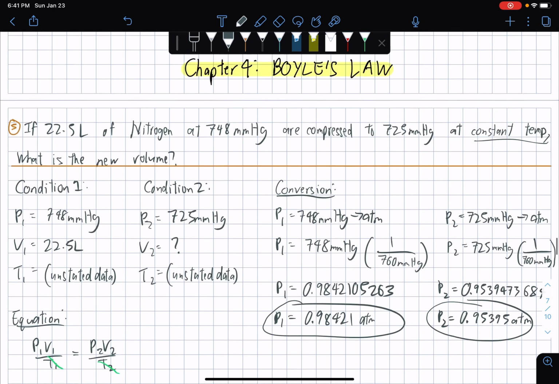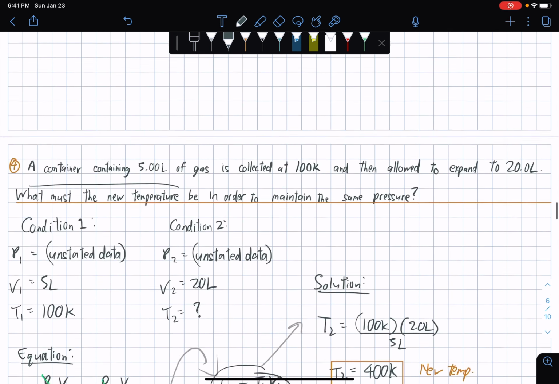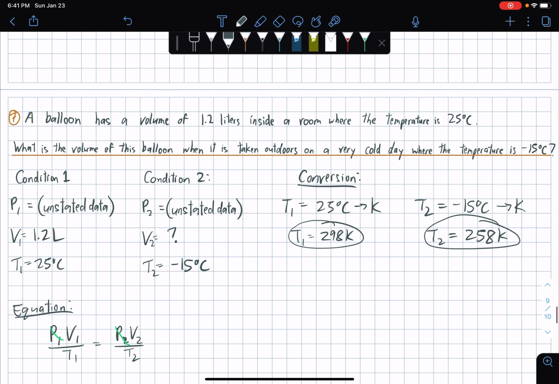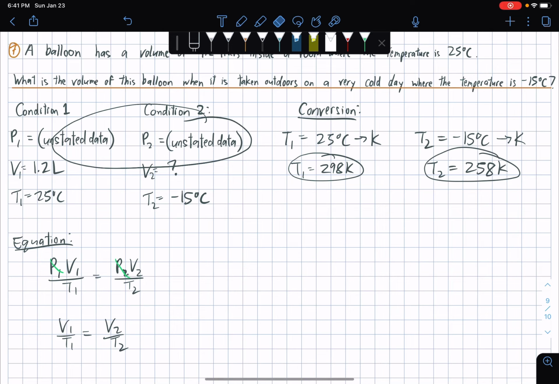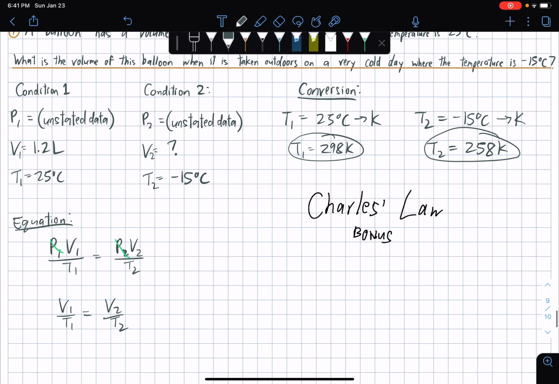Where pressure is constant. I suppose this question is all about Charles's law, because pressure has no stated data. Let's declare this Charles's law. This is a bonus. Alright, let's proceed.